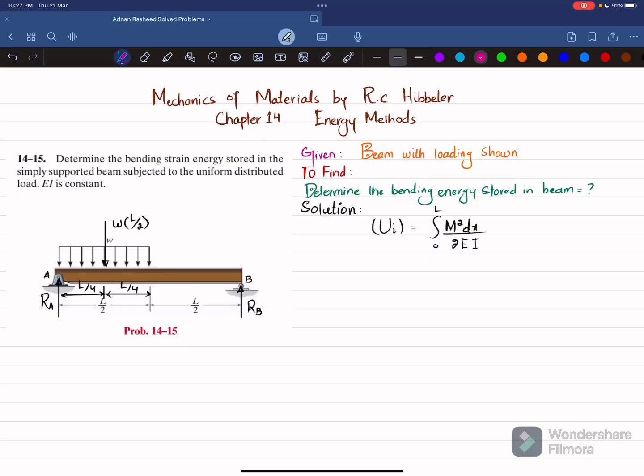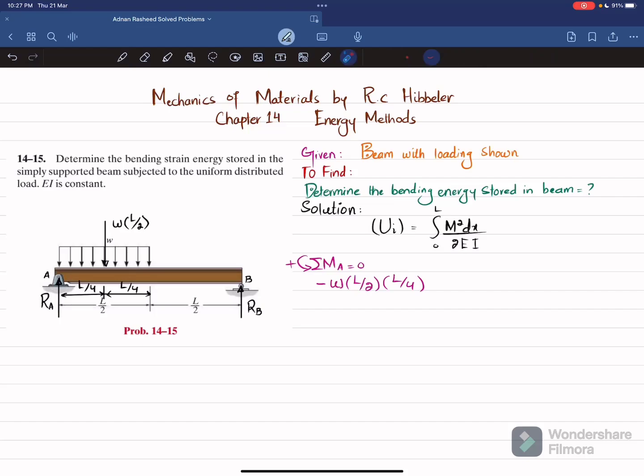So what will be the first equation of equilibrium? The first equation of equilibrium will be sum of all moments about point A is equal to 0, taking the counterclockwise moment as positive. So about point A, first moment will be this load which is WL by 2, and that will act at perpendicular distance L by 4, and this is producing clockwise moment, so it will be negative. So I will write minus W into L by 2, and perpendicular distance is L by 4.